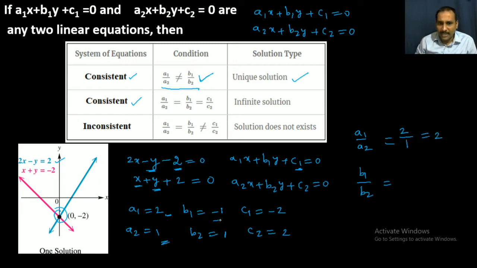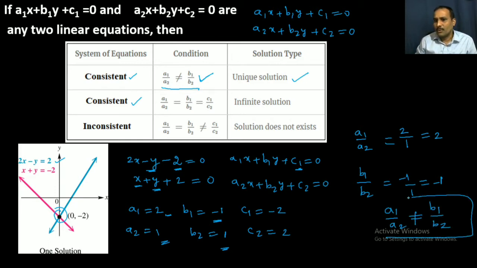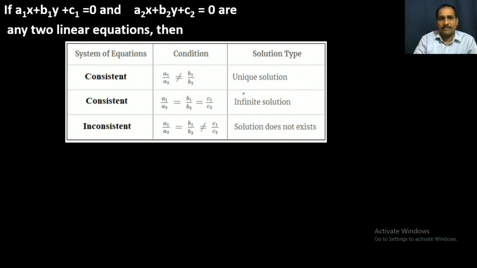What is b1 by b2? Minus 1 by 1, that is minus 1. So clearly a1 by a2 is not equal to b1 by b2. When this condition is satisfied, we can directly say that the given system of equations is consistent and also has a unique solution.